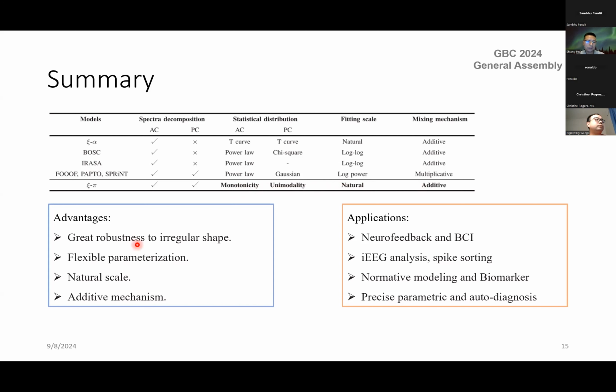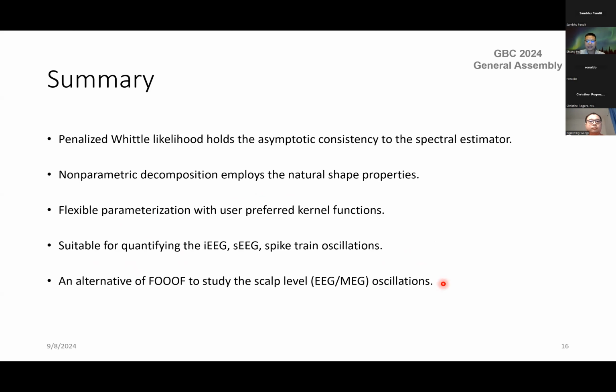Its advantages are robustness to regular shape, and it allows for flexible parameterization as the user prefers, and it can be widely applied in neurofeedback and normative modeling and process auto-diagnosis.